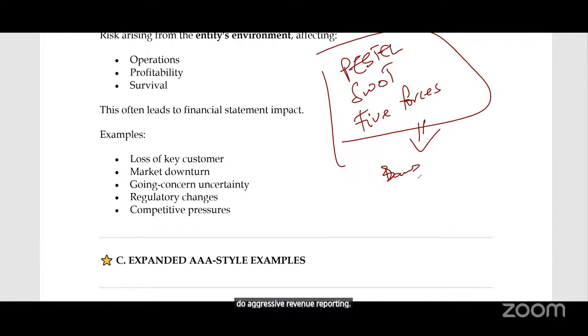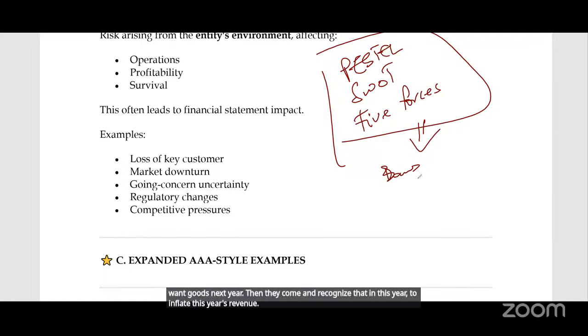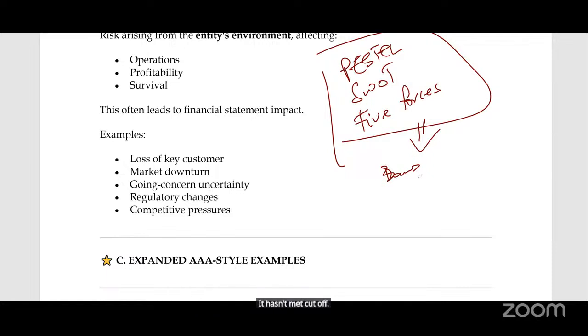So let's say a customer wants goods next year, then they come and recognize that in this year to inflate this year's revenue. It hasn't met cutoff. Do you understand? Cutoff goes with matching. So you must match revenue for a particular year to that year. Are we okay with cutoff?